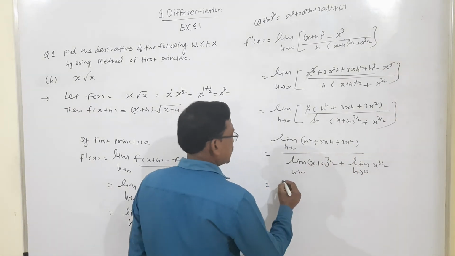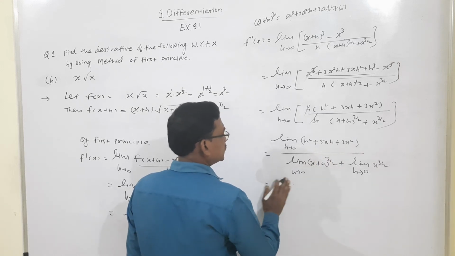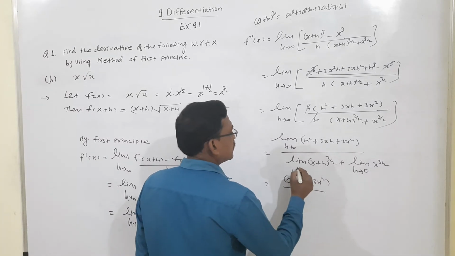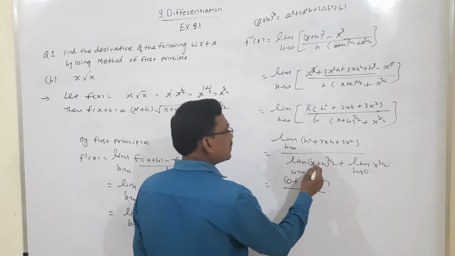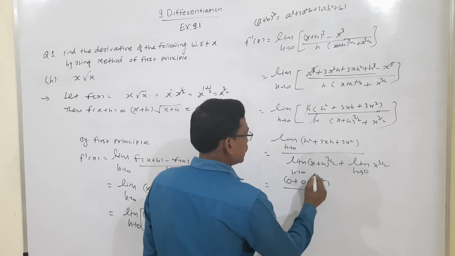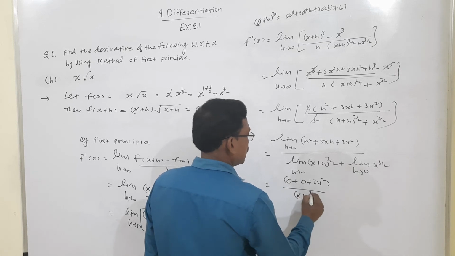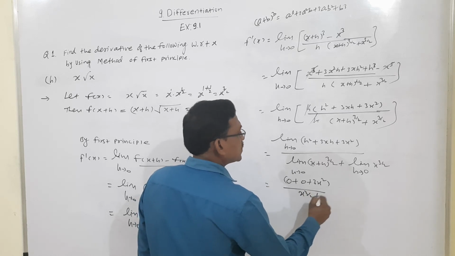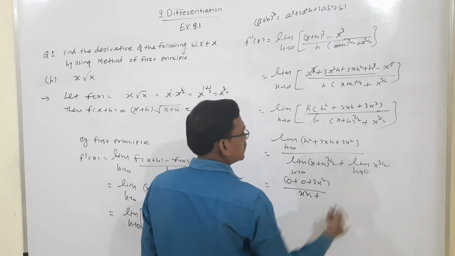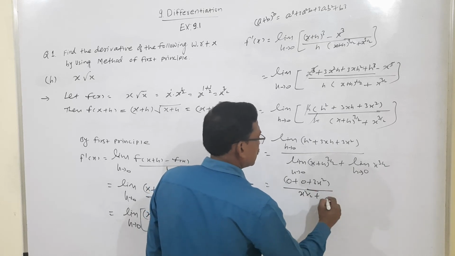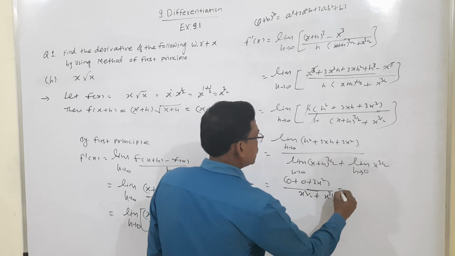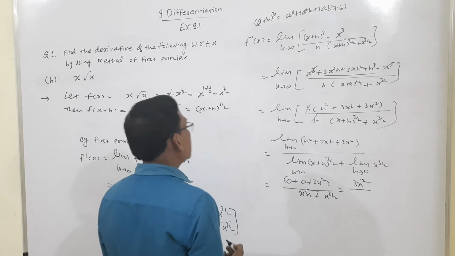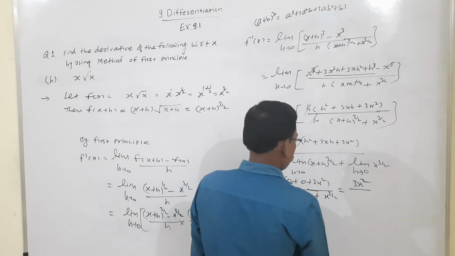So in the numerator we get 0 plus 0 plus 3x square only, and in the denominator it is x plus 0 raised to 3 by 2, means it is only x to the power 3 by 2, plus it is a constant, h is absent, that's why it is only x to the power 3 by 2.